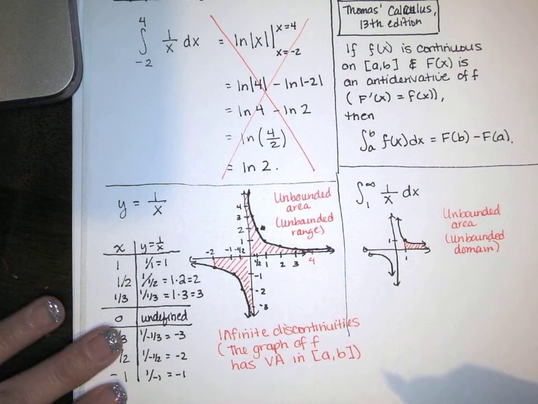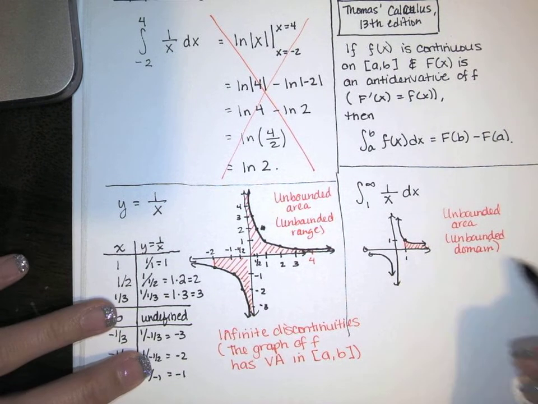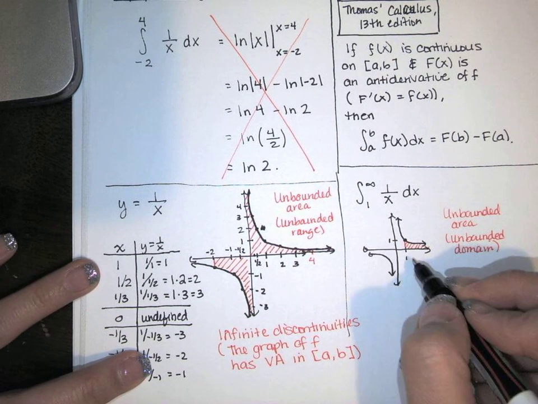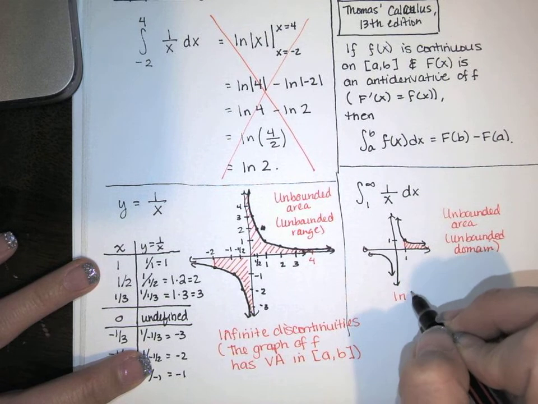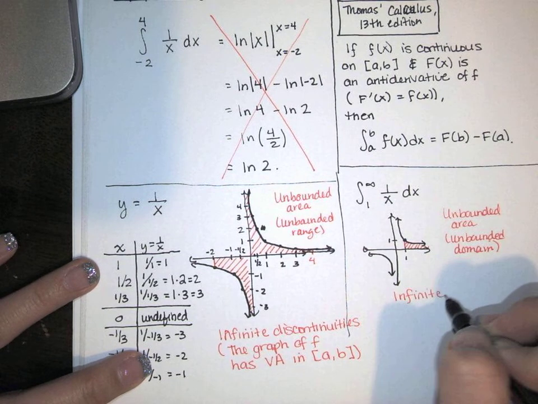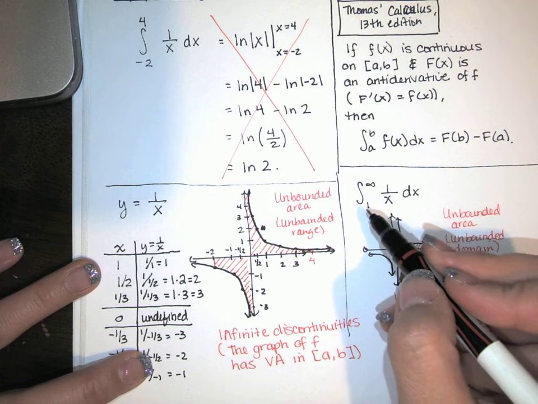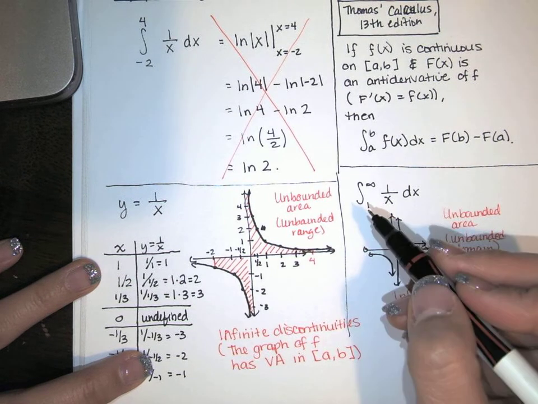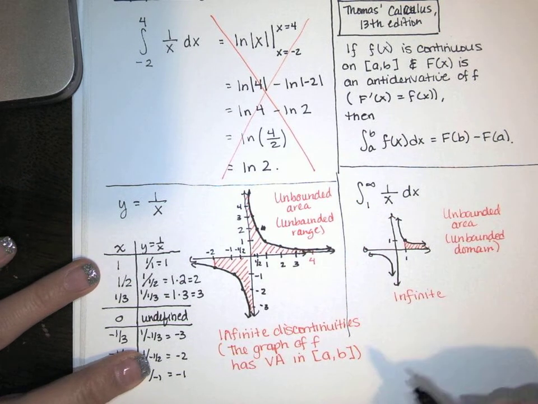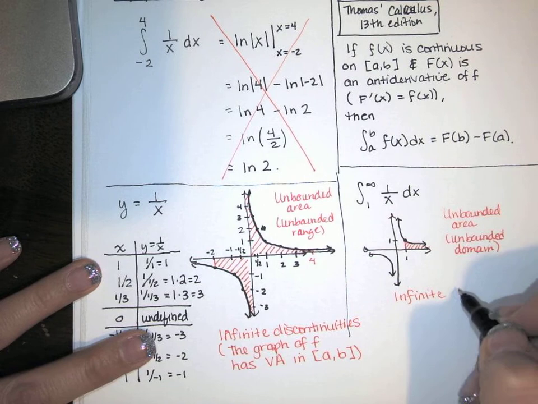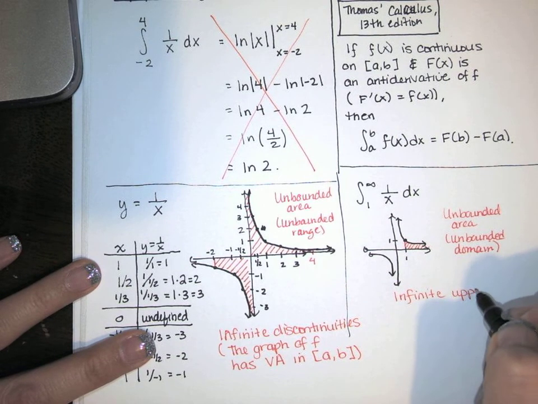The first type involves unbounded domains. So an infinite upper or lower bound. If I went from negative infinity to a constant, or a constant to infinity, or negative infinity to infinity, we're going to call those infinite bounds.